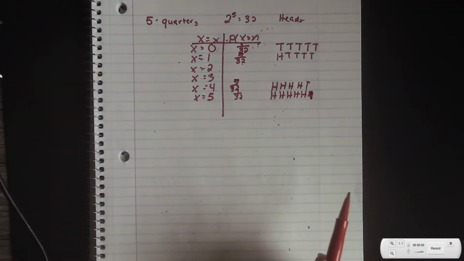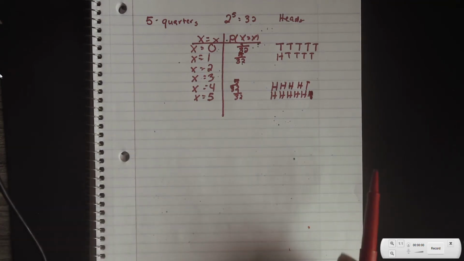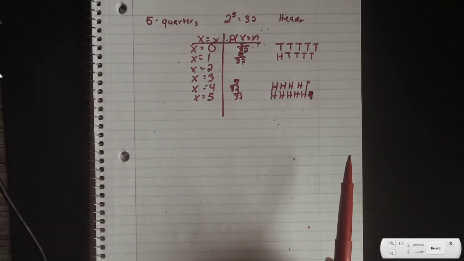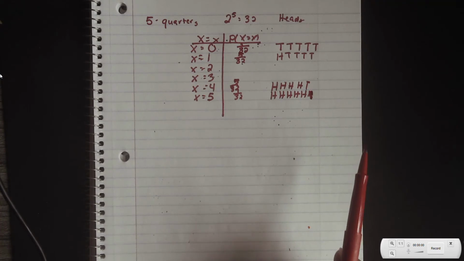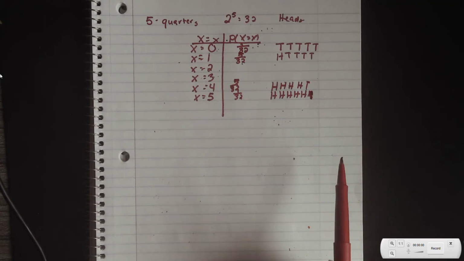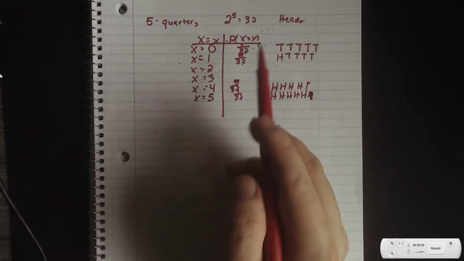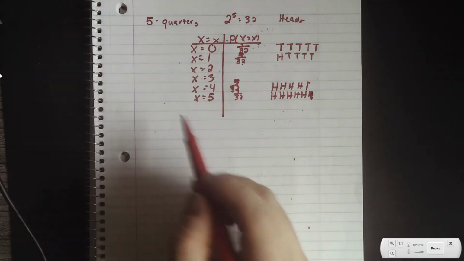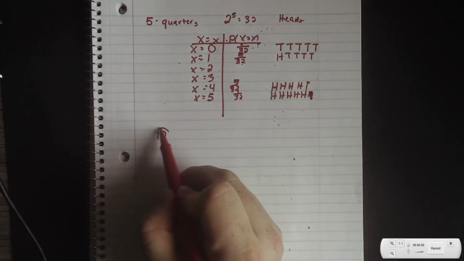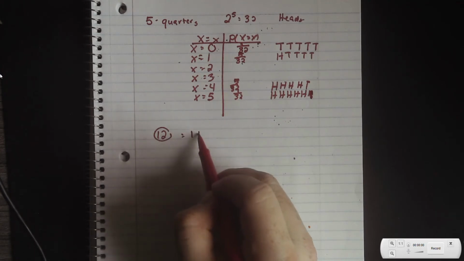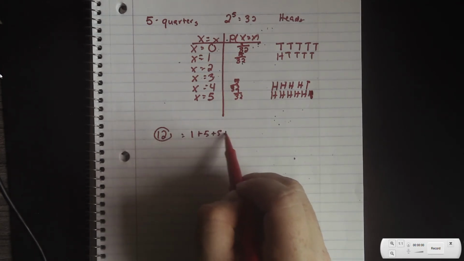Okay. Then, what about 2 and 3? Well, I could sit here and try to figure it out, and there's a way to do it with binomial probability, but we haven't gotten to that yet. So what we're going to do is this. I have 1, 5, 5, and 1 possibilities. So that's 12 altogether. I get that from adding 1 plus 5 plus 5 plus 1.